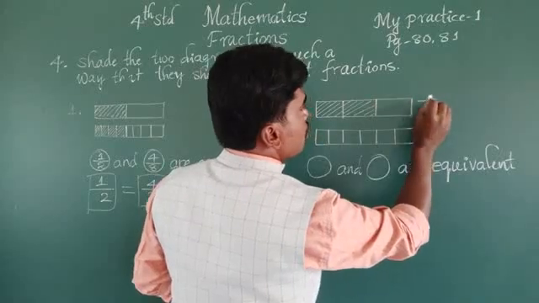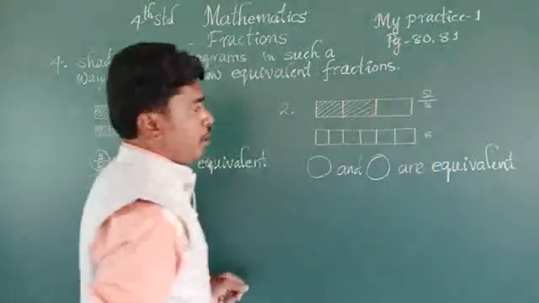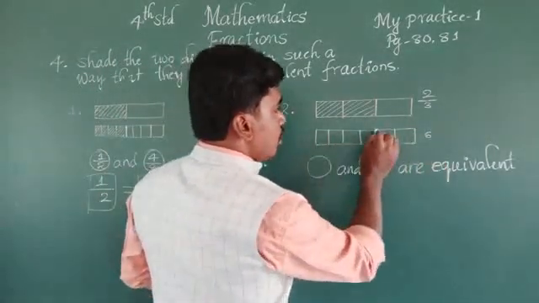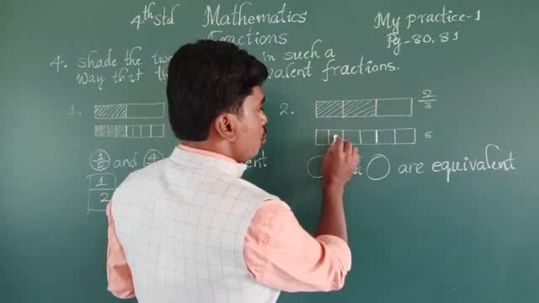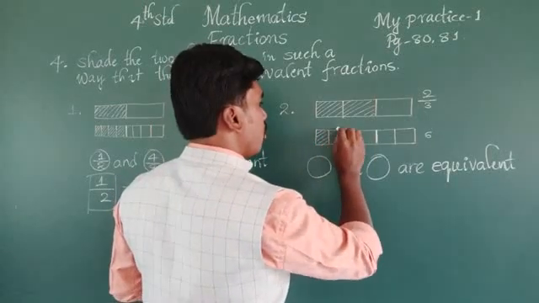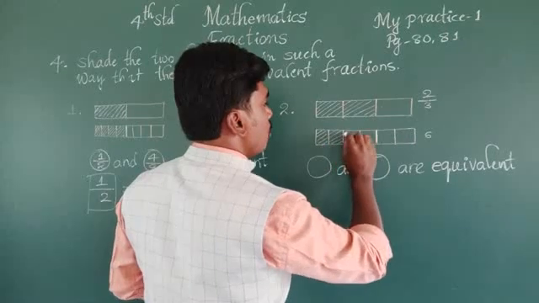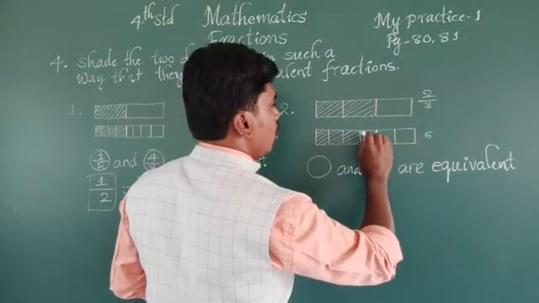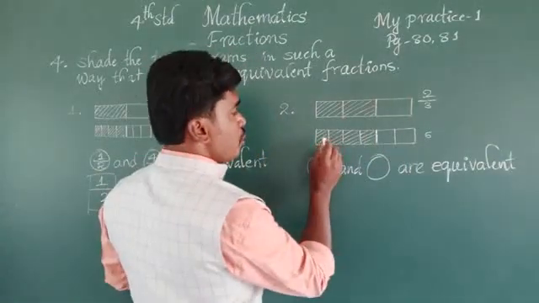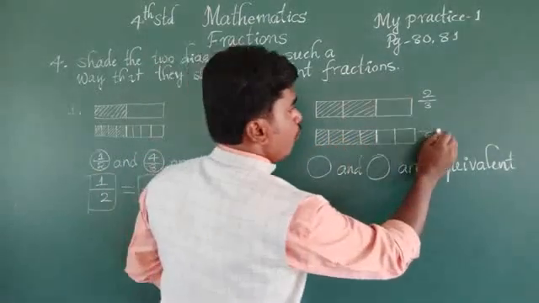How many boxes are shaded? 2 boxes are shaded. Here the total number of boxes is 6. These boxes 1, 2, 3, 4. 4 boxes I am going to shade now. So the third one, and the fourth one. How many boxes have we shaded? 1, 2, 3, 4. 4.